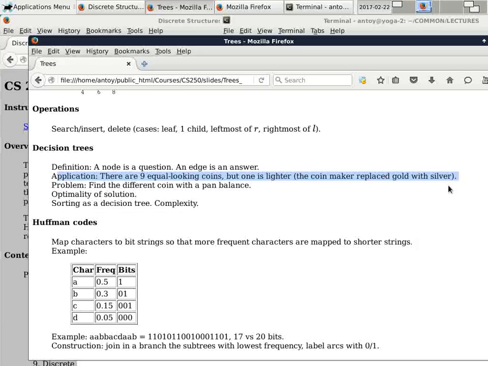It can be any one of 20 coins, but with 2 levels I only have 9 possibilities. With 3 I have 27. So in principle, maybe I can make it with 3. In principle. I know that I cannot make it with less than 3 steps.